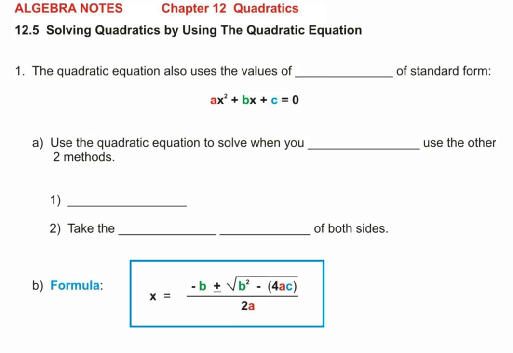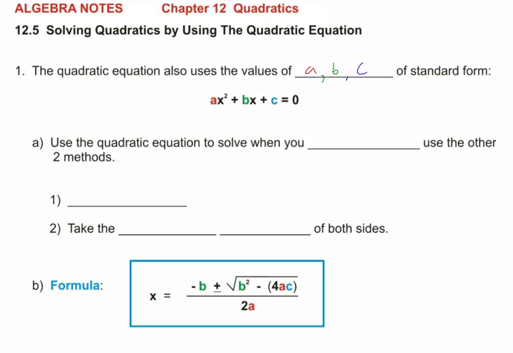All right, so solving using the quadratic equation. The key to it all is the A, the B, and the C of standard form. So if you look down below in the actual formula, it's X. By the way, if you're solving for X, what if the variables were all Z's?